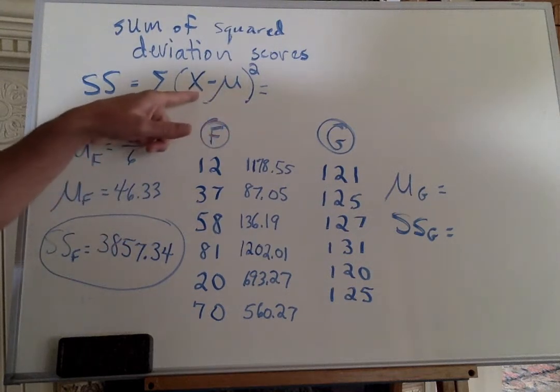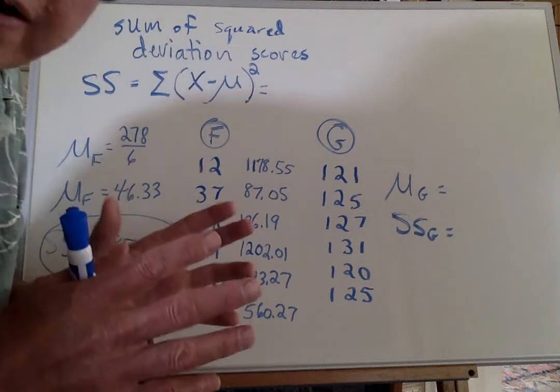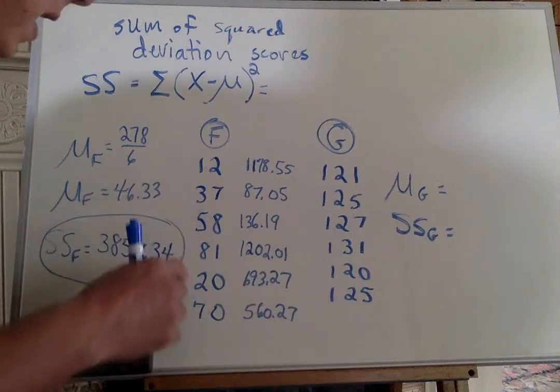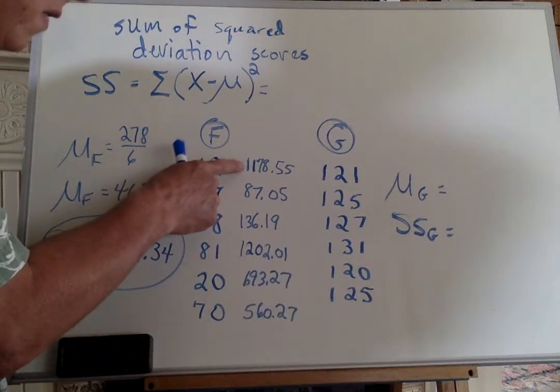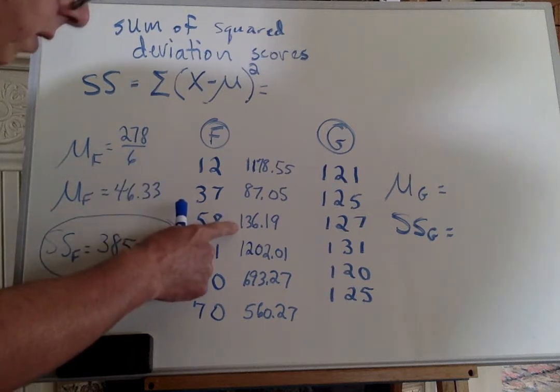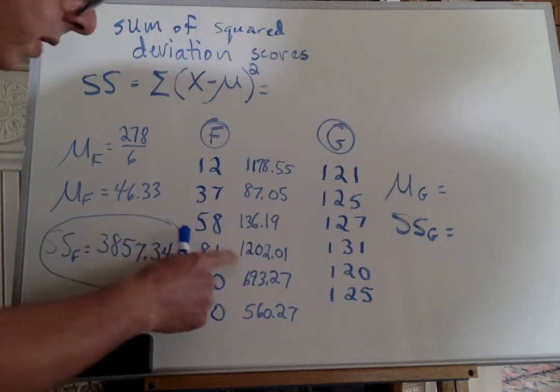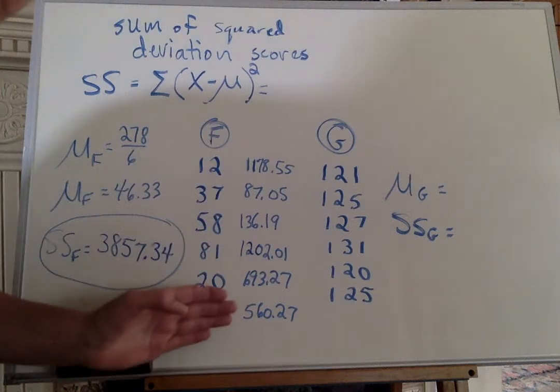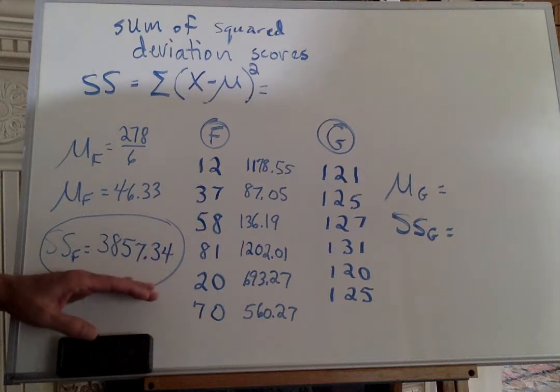Okay, just this. And then, of course, we squared it, which is going to make it even that much bigger, right? And so here we have, this is the contribution just from this number, okay? This is the contribution just from this number, and so on and so on, okay? When we add these up, the sum of squares gets quite large.